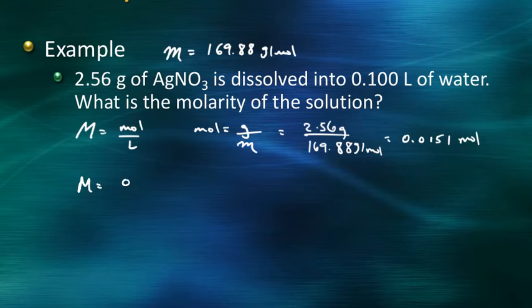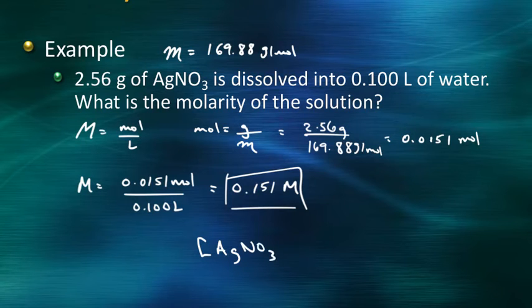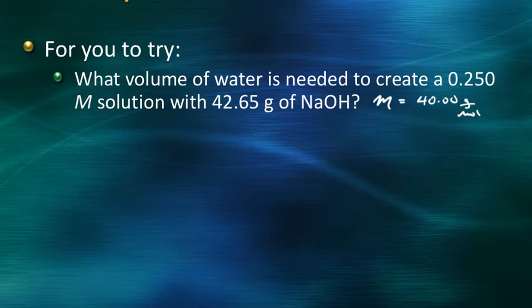Molarity is equal to 0.0151 moles divided by a volume of 0.100 liters. That's very convenient. 0.151 molar would be the answer there. And how you would write this, you could write the concentration of AgNO3 is equal to 0.151 molar.